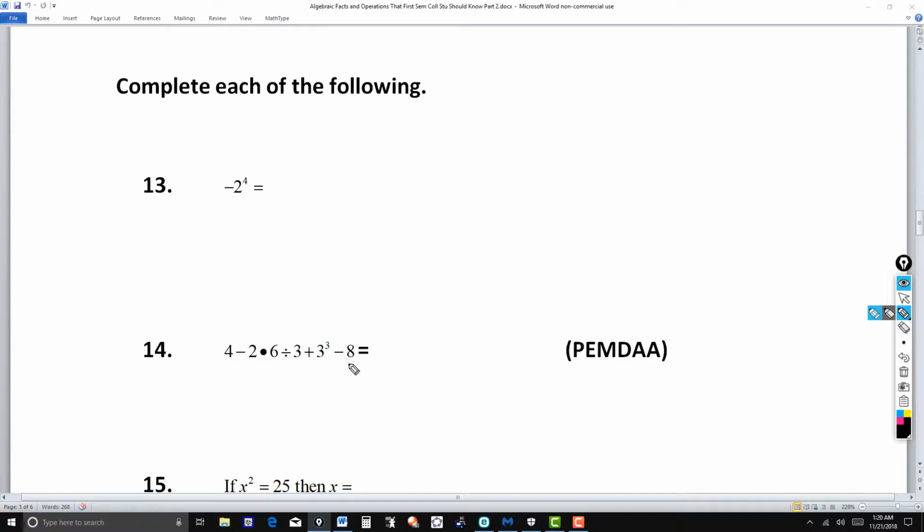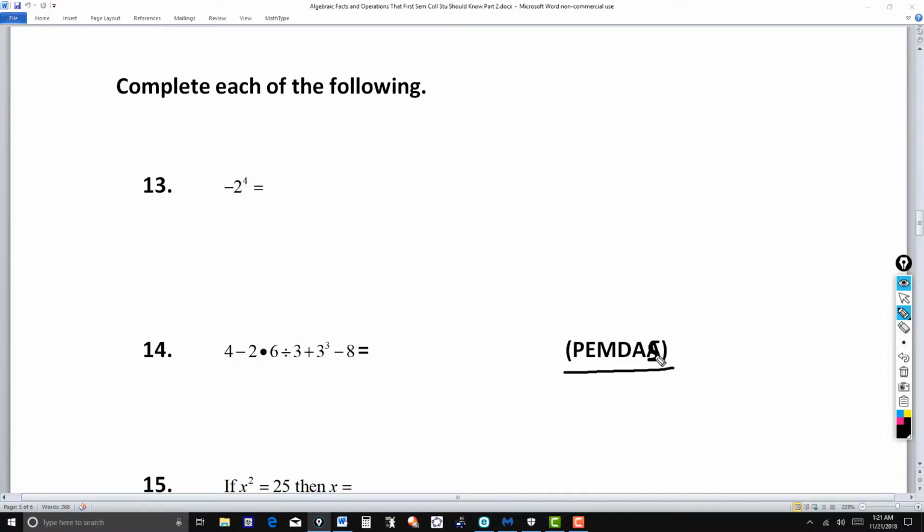So I have the acronym that is generally used, PEMDAS. P stands for parentheses, E stands for exponential, M stands for multiplication, D stands for division, A stands for addition, and S stands for subtraction.